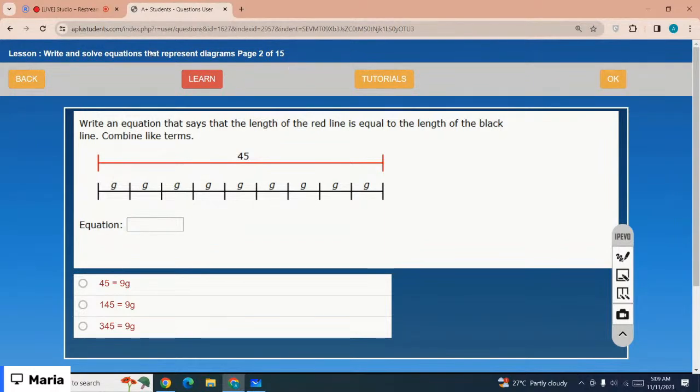Let's count: 1, 2, 3, 4, 5, 6, 7, 8, 9. So it is 9j, because they all have the same variable and you can collect them. So it would be 9j equals 45. Option number 1 is the correct option.